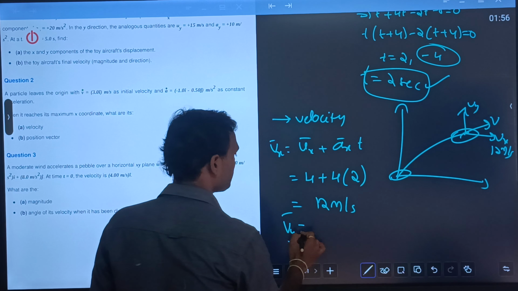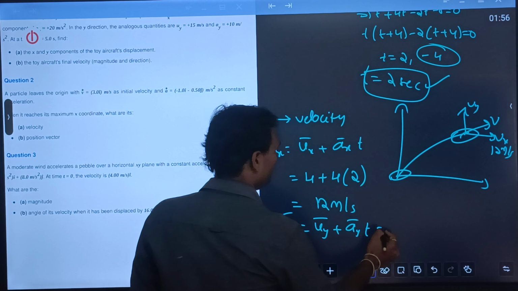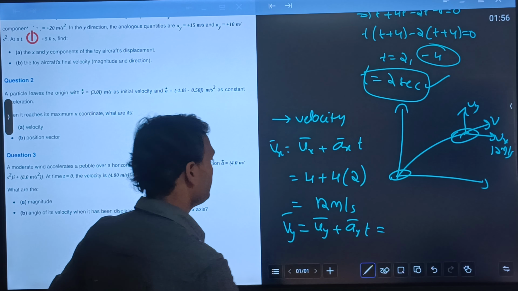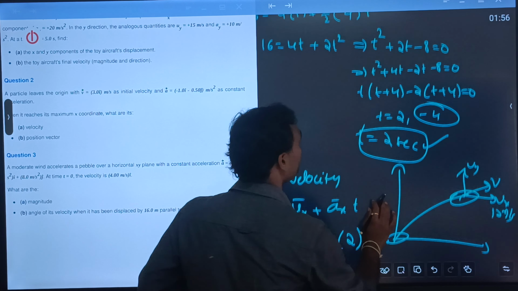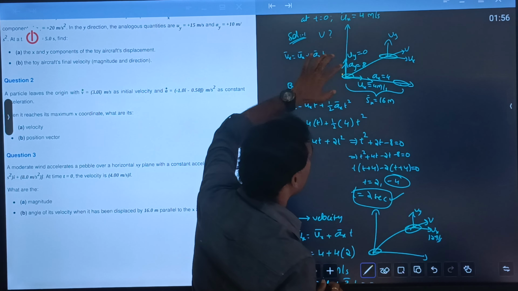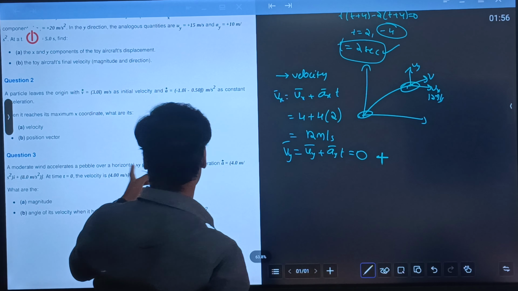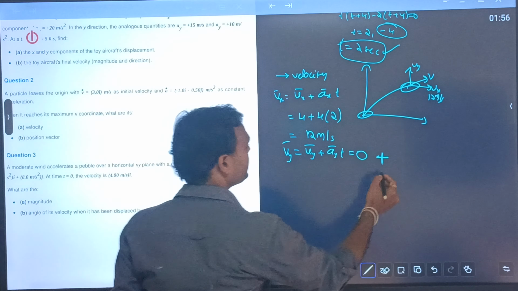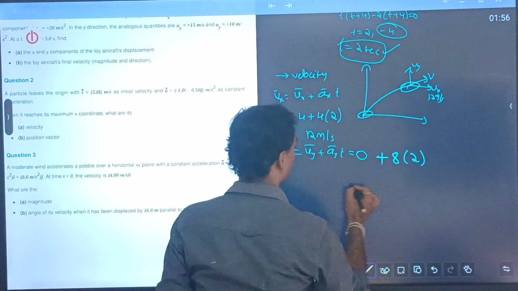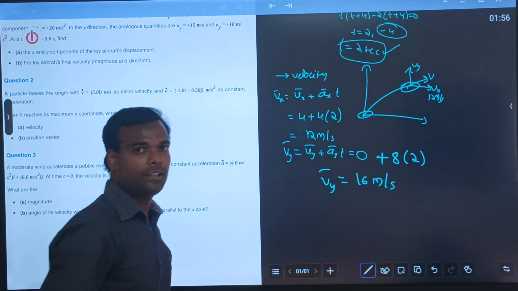Then Vy is equal to Uy plus Ay t, and Uy is equal to 0 according to this diagram, which I had already shown you here, right? Uy equals 0 plus Ay, the acceleration on the y-axis, which is 8, and time taken is 2 seconds. So Vy is equal to 16 meters per second, right?